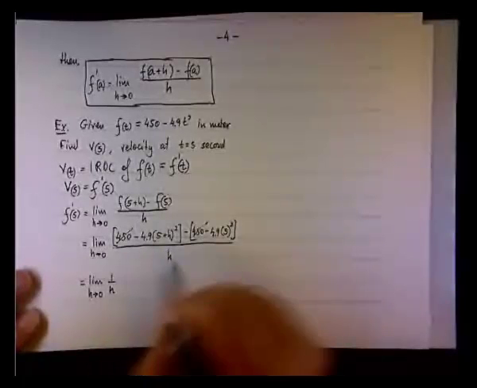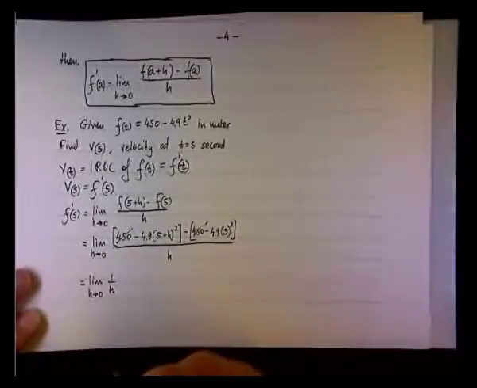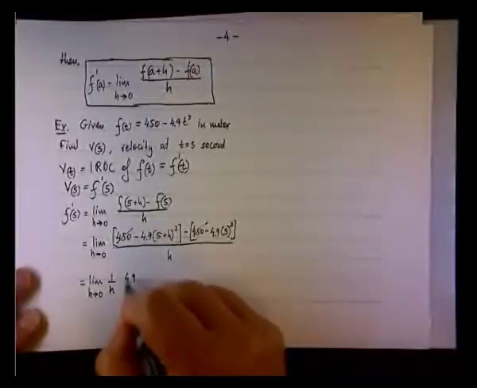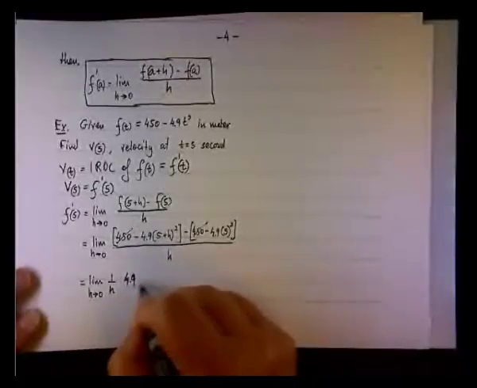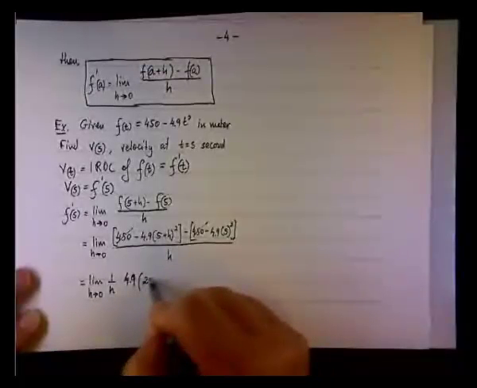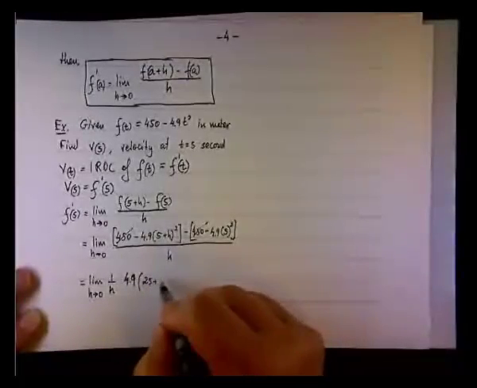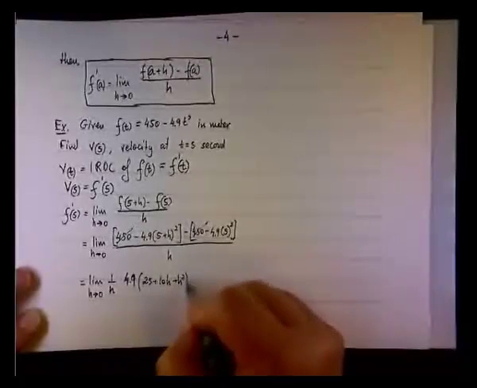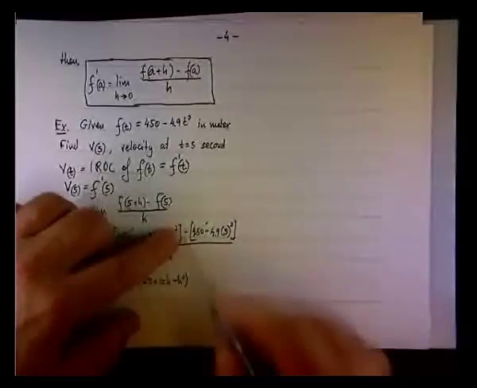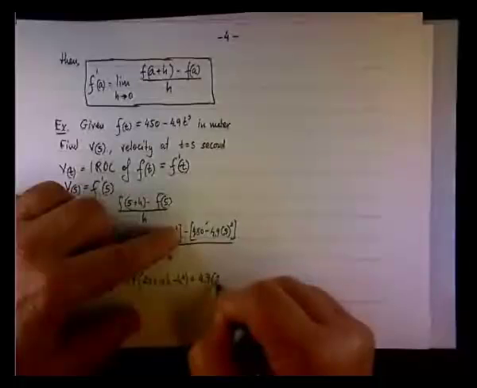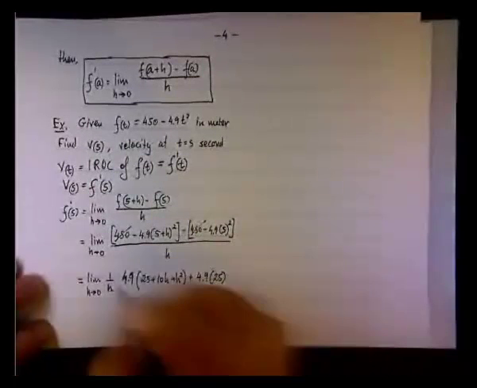So I'm going to factor 4.9, just positive at this point. And what do I have? From here, I have 5 plus h squared. Well, that will be 5 squared plus 2 times 5 times h, which is 10h, plus h squared, right? And then here I have plus 4.9 times 25, like so.